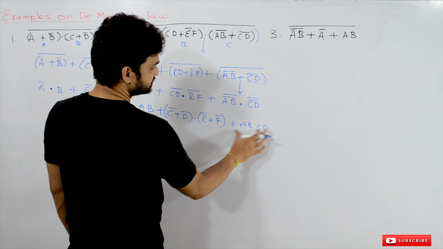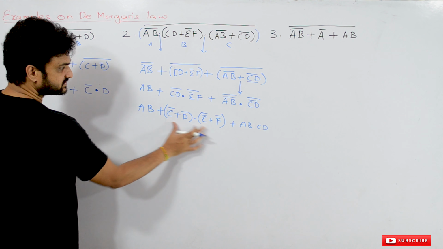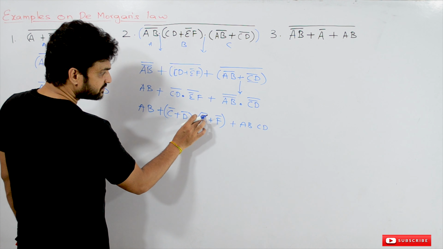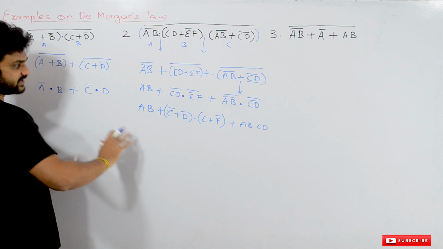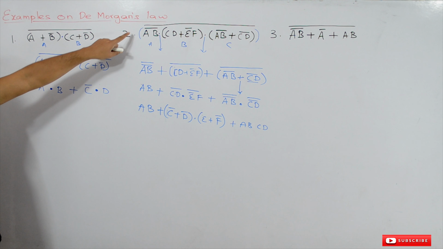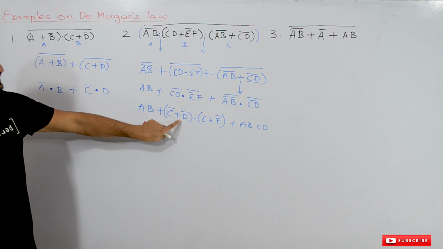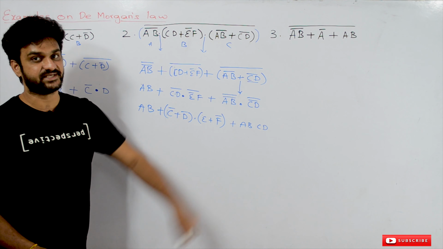If you remove the brackets it is the same, ABCD, and this is the final equation. E complement whole complement is going to be E. So the final simplification of this can be AB plus C bar D bar dot (E plus F bar) plus ABCD.